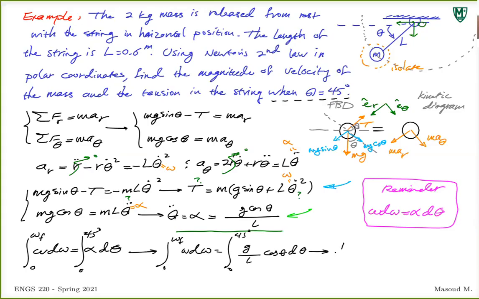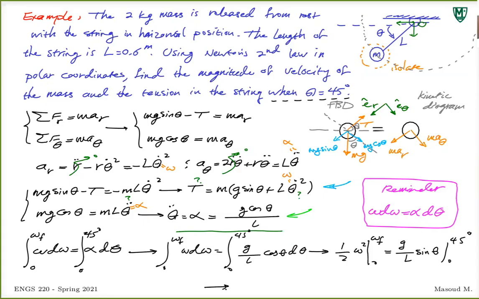From the left side, you get 1 over 2 omega squared from 0 to omega final, and from the right side, you get g over L sine theta from 0 to 45 degrees.